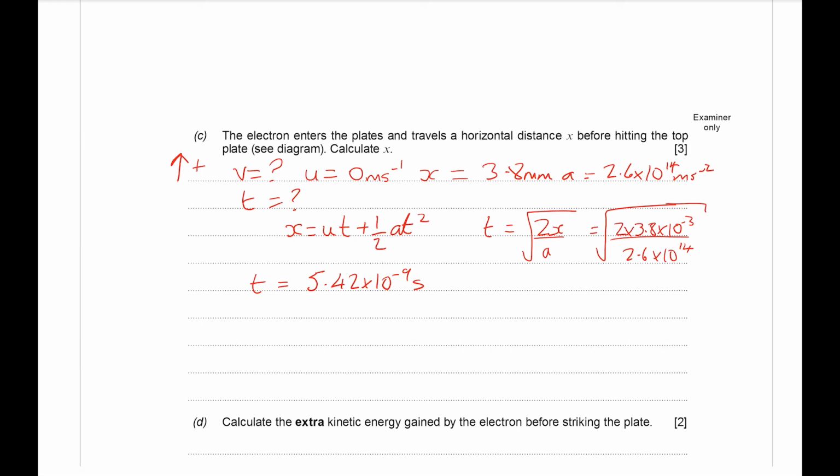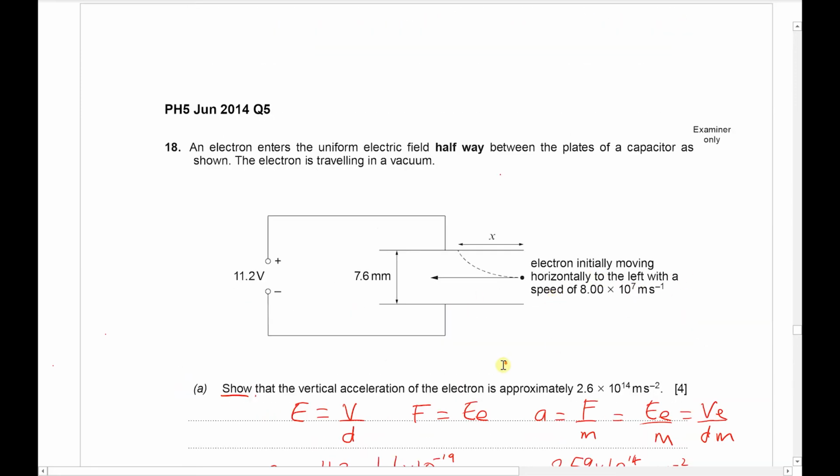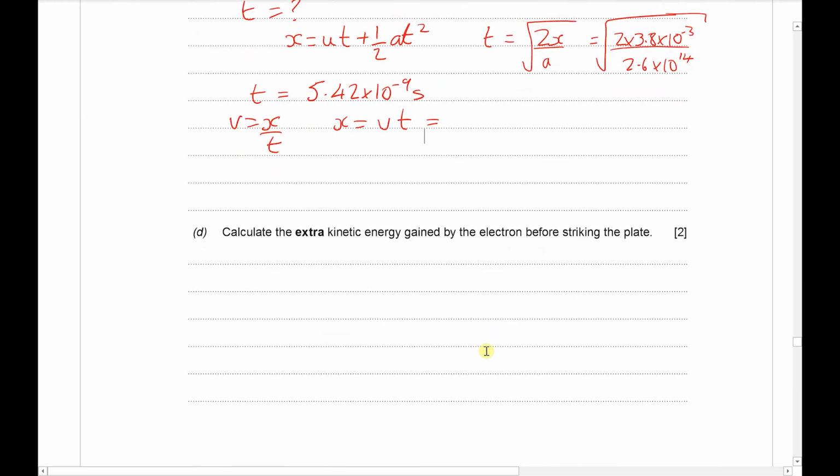Horizontally there's no acceleration, so all we need to do is apply v equals x over t horizontally. The horizontal distance x is vt. v was 8 times 10 to the 7, and t is 5.42 nanoseconds. If we put that together, we get 0.43, give it an extra figure, 0.434 meters.